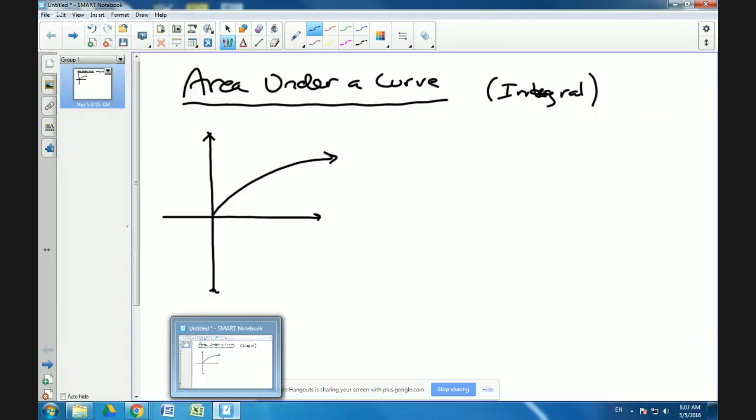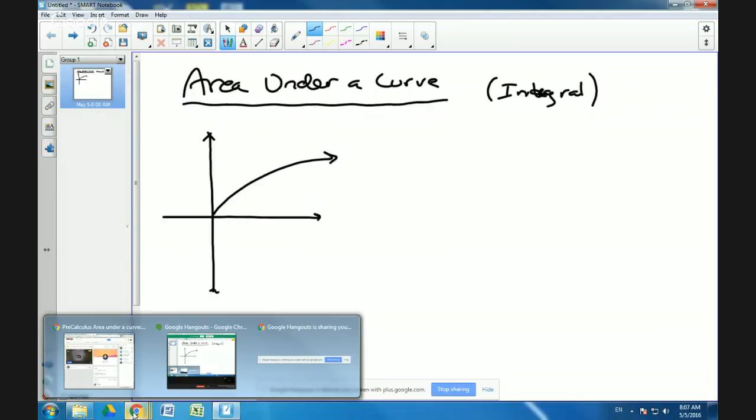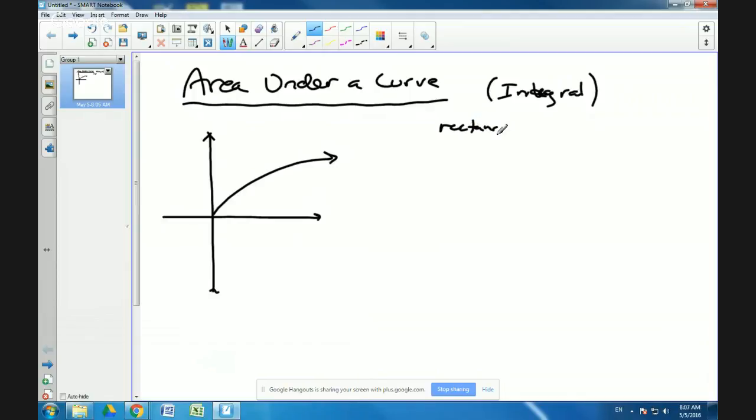You have a whole bunch of different ways to calculate area, right? You can do rectangles, squares, circles, and on and on and on, right?